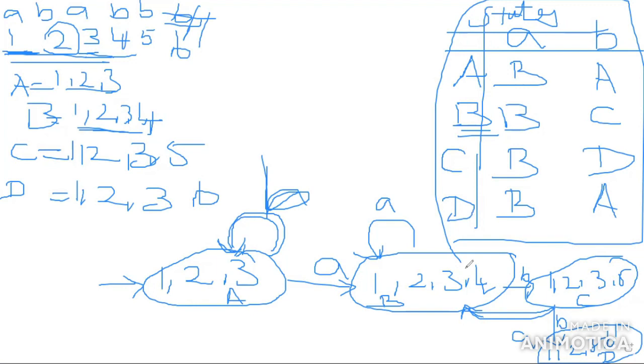Now check D. What is D? D, A is B. D, B is A. So this is for the diagrams.